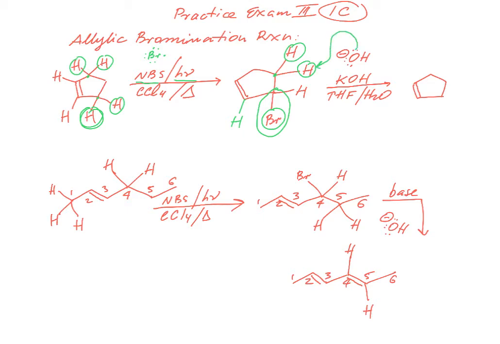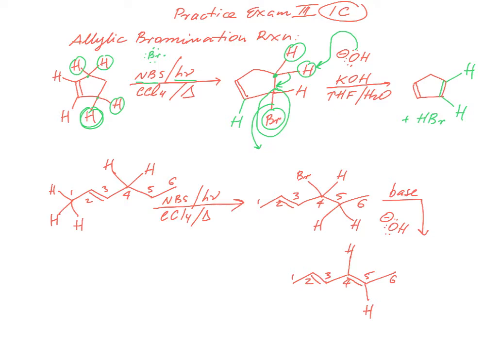The sigma bond between the alpha carbon and the hydrogen to be eliminated will break. 2 electrons from this bond will collapse toward the incipient pi bond, and bromide, the leaving group, will be replaced to form a conjugated diene. So we'll have a new double bond with 2 vinylic hydrogens plus HBr will be eliminated.